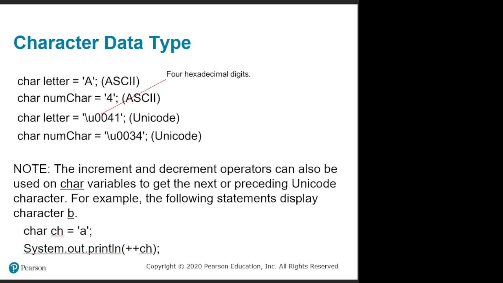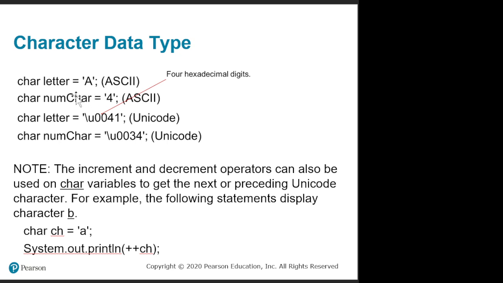And char has a byte that assigns a numeric value that is looked up by the computer and turns it into a character. When we assign a character into the type, we have char, then the identifier letter, the assignment, and then in single quotes a single character.